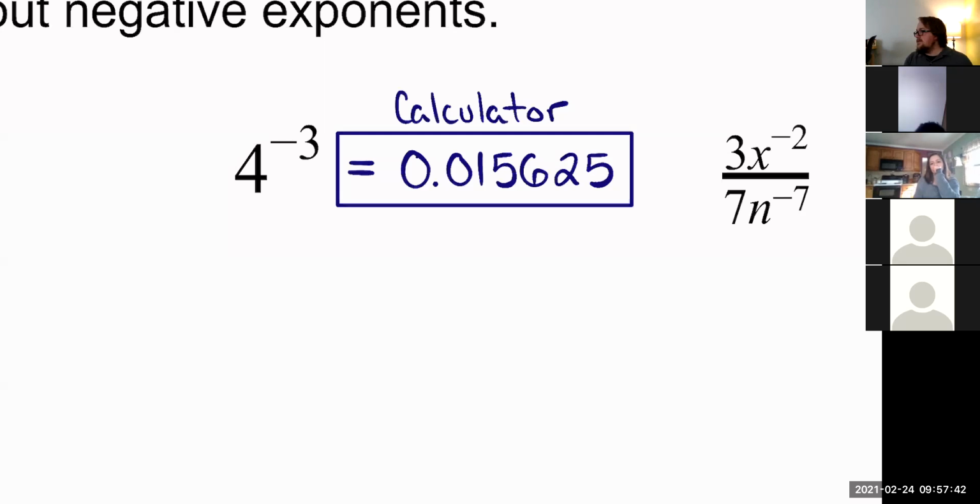Slight spoiler alert, depending on which science class you're in, eventually you'll reach a point where you have to work with numbers that are both really big or really small. I'm talking about scientific notation. So if you're measuring the distance between stars, you're talking about really big numbers, and you need a way to write those in a small, compact way. Scientific notation with positive exponents allows you to do that.